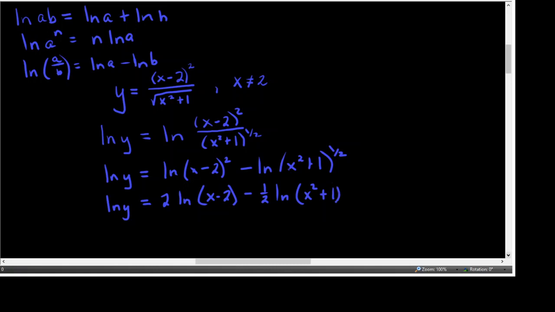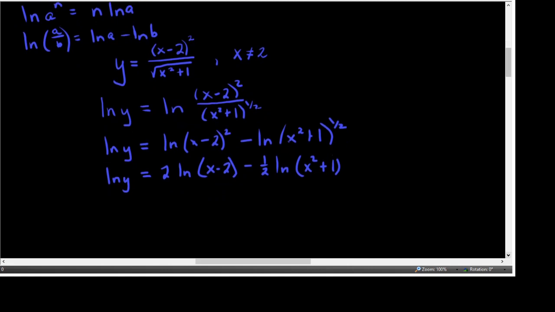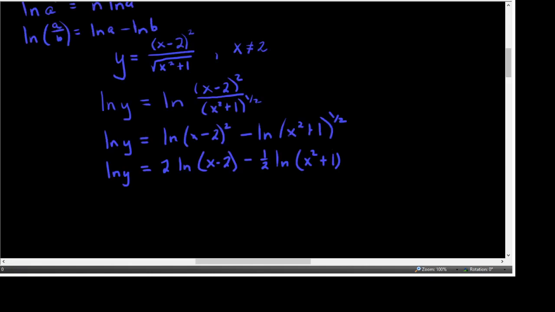So that's that process we talked about earlier. Not only can you take the natural logarithm of both sides, you can square both sides, you can take the reciprocal of both sides, you can add 7 to both sides. There are all kinds of things you can do to both sides of the equation.